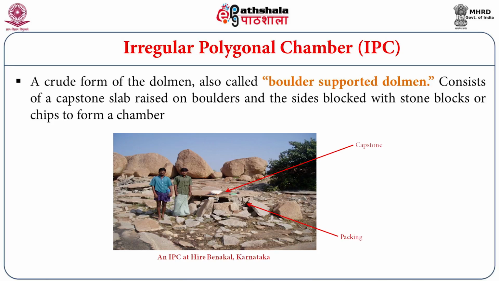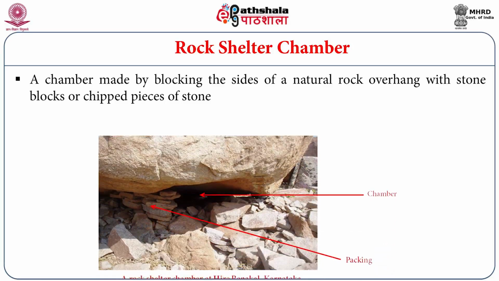Even today, we can notice sometimes people create a burial for some important person with a lot of preparation. But some people are buried simply without much preparation. Probably these are the factors causing variation in the burial types in the ancient period also. Rock shelter chamber here.